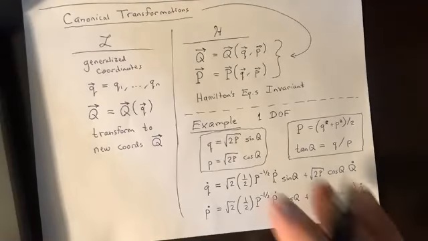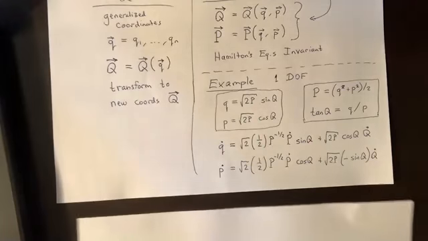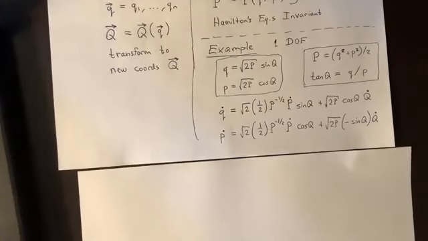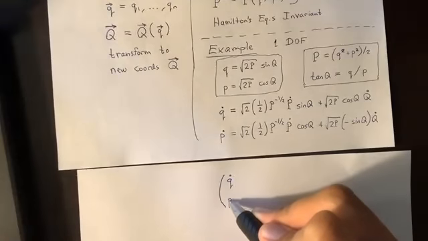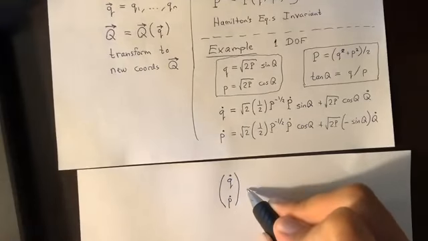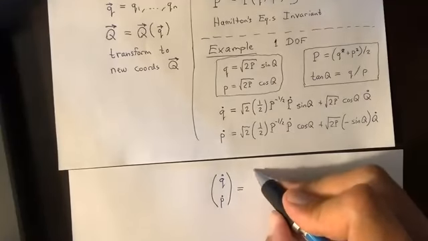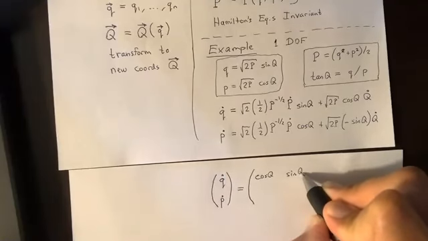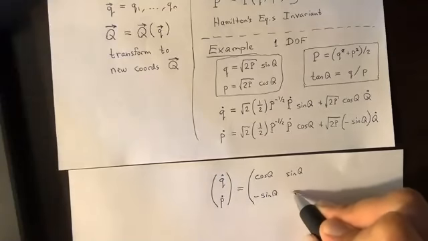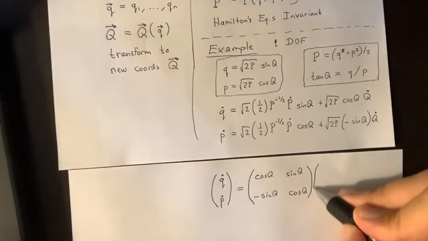Okay, let's take a moment to rewrite this. It will behoove us to rewrite this equation. And you know we love matrix multiplication, so let's observe that these two equations can be summarized very nicely. Okay. We love matrix multiplication, right? Notice this is a rotation matrix times a diagonal matrix.